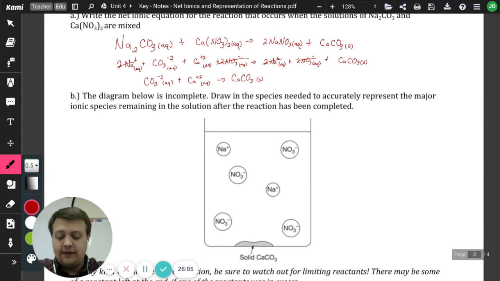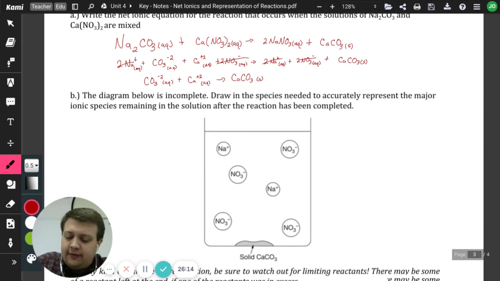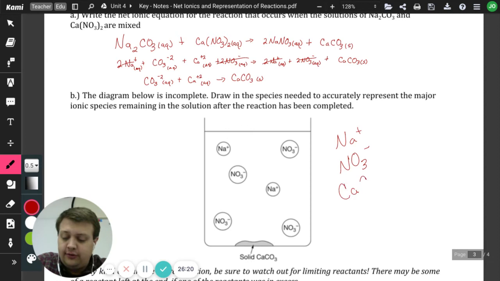Then I come down here and I've got my solid calcium carbonate. So far, what I've got in my beaker, I've got sodium ions, I've got nitrate ions, I've also got my calcium carbonate. So the only ions that are missing right now are calcium ions and my carbonate ion.